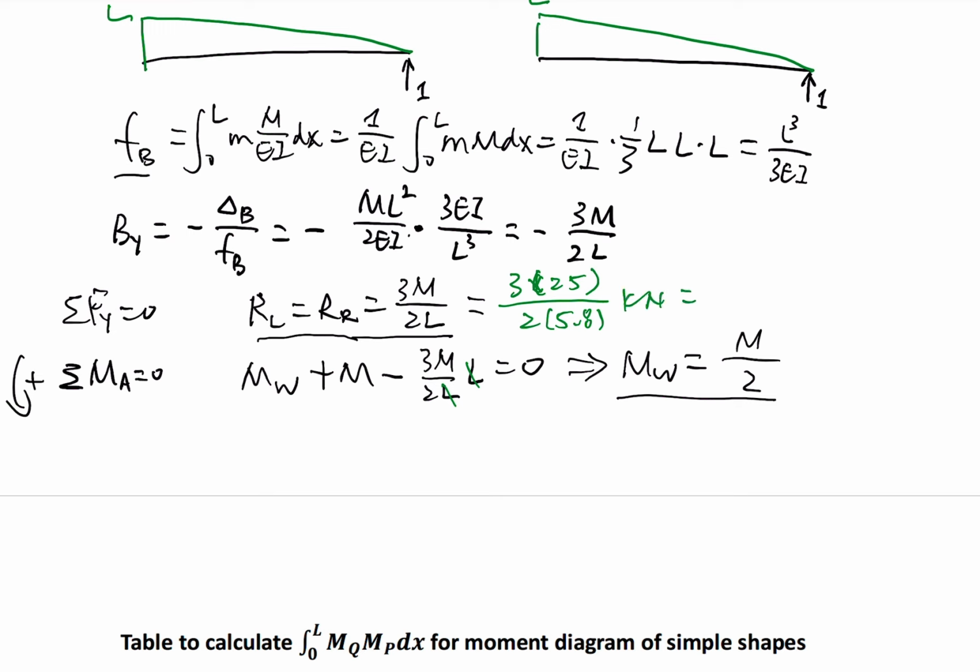After using the calculator, the result is 6.47 kilonewton. For this, M is 25 kilonewton meter, so M over 2 is 12.5 kilonewton meter. Okay, so this is the solution using the force method to solve the reaction force RL and reaction moment MA. That's all.